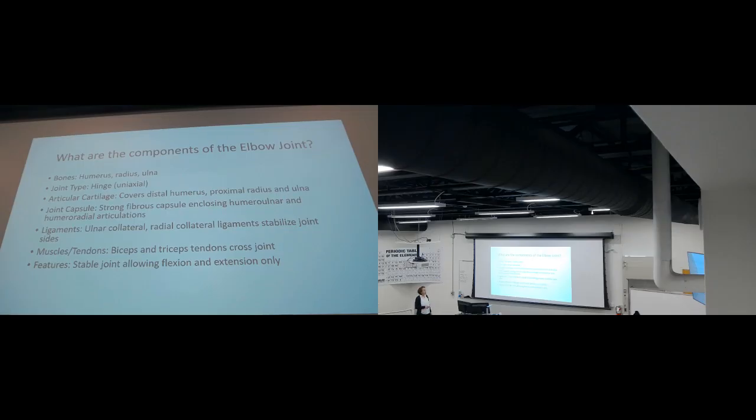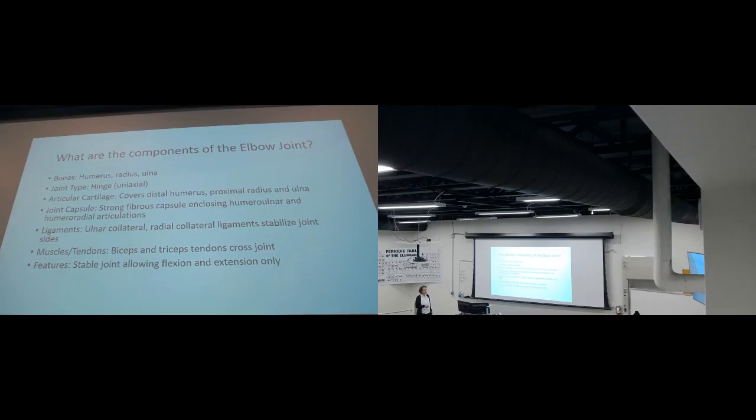We have an articular cartilage that covers the distal part of the humerus, the trochlea. And then we have the trochlear notch of the ulna that also has an articular cartilage, so that you can slide the ulna over the humerus to make flexion and extension.